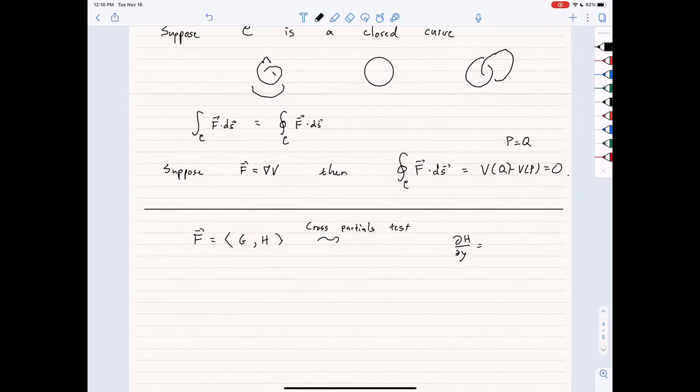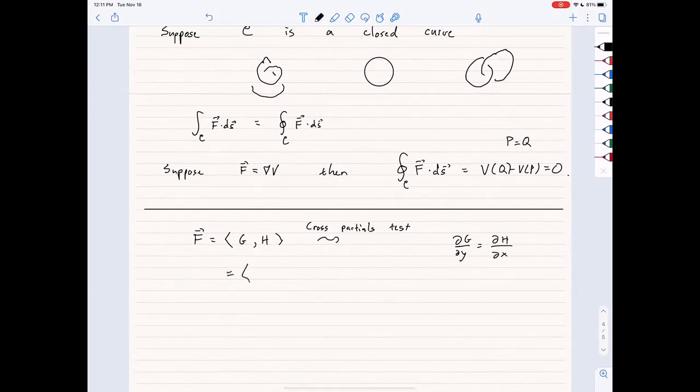So del G del Y is equal to del H del X. This is the cross partial condition. It just says that if this were conservative, then we would indeed have that these are equal.